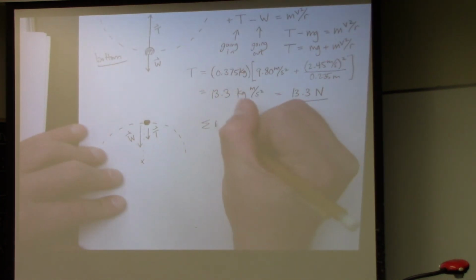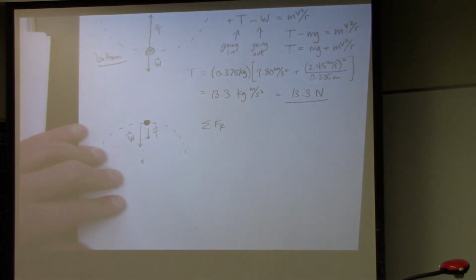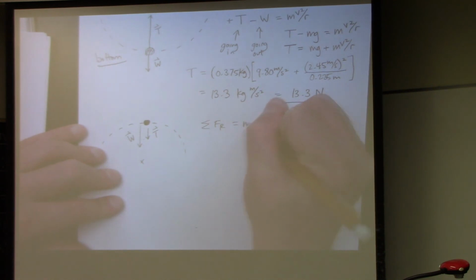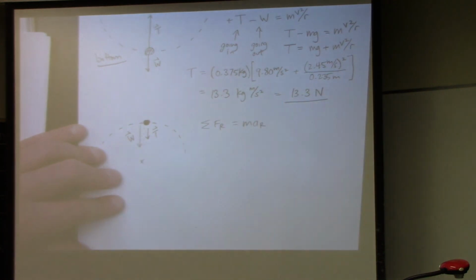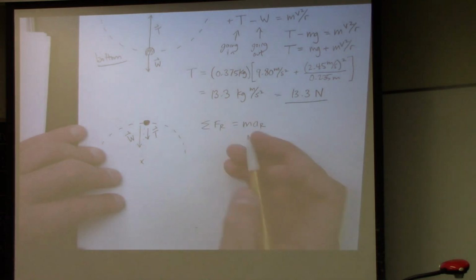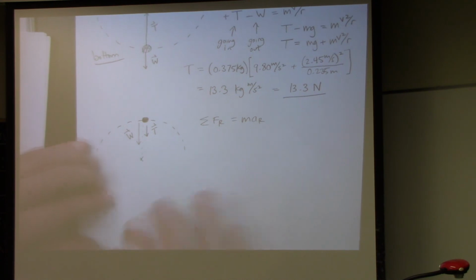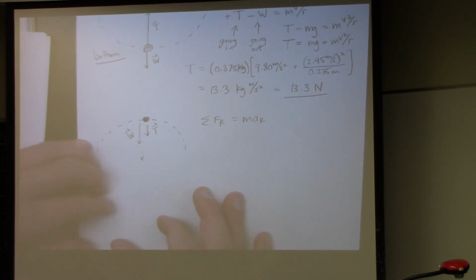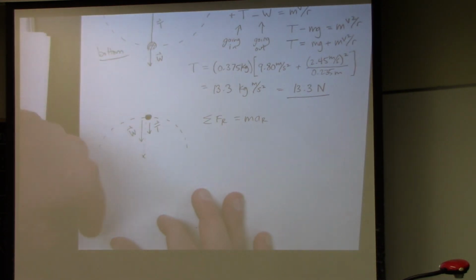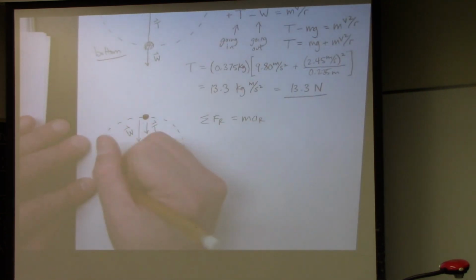But what we do with this is pretty much the same as always. The net force in the radial direction is m times a_r. That's Newton's second law. And when we look at the sum of the forces, we have to think, is the force going in towards the center of the circle, or is it going out away from the center of the circle?